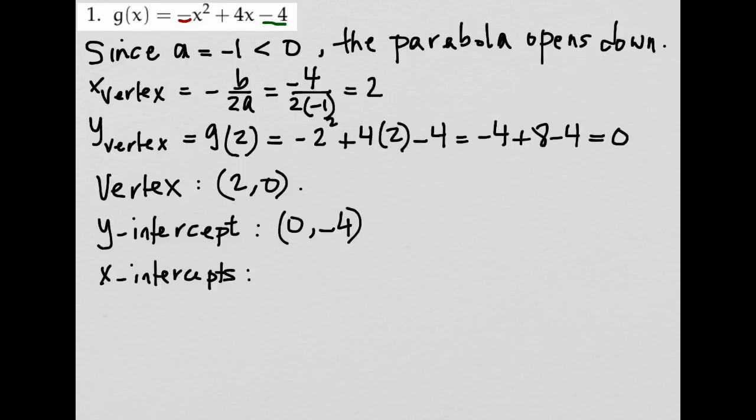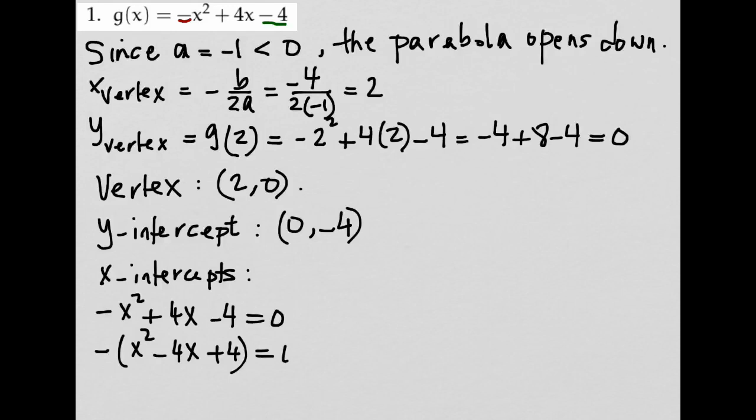To do that, we solve the equation minus x squared plus 4x minus 4 equals 0.